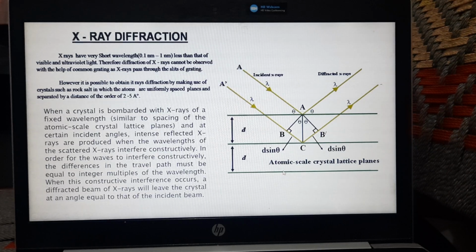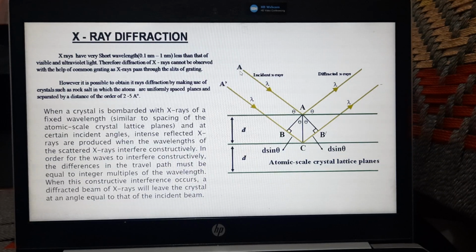Suppose there are two incident X-rays, one is A whereas another is A prime, and they are incident on the crystal structure. This is the crystal structure, such that the incident ray 1 or A is incident upon the first plane, and incident A prime is incident on an atom in the second plane.